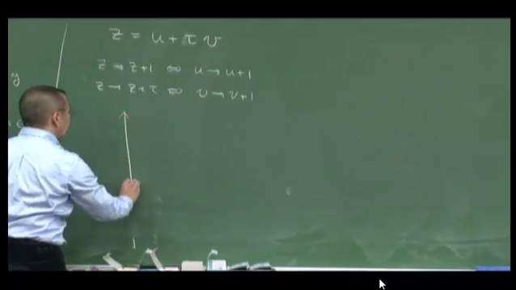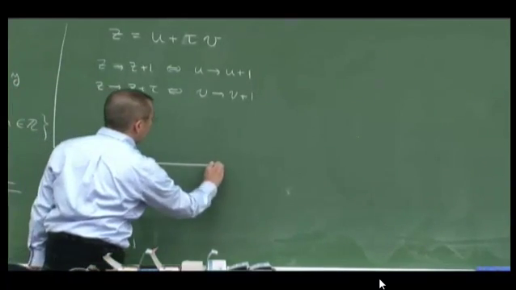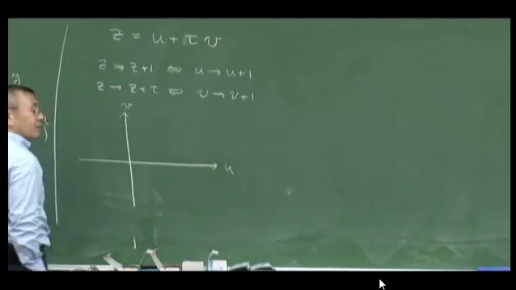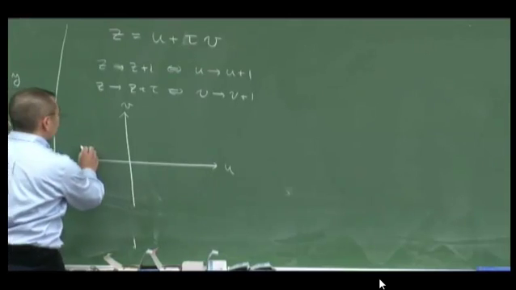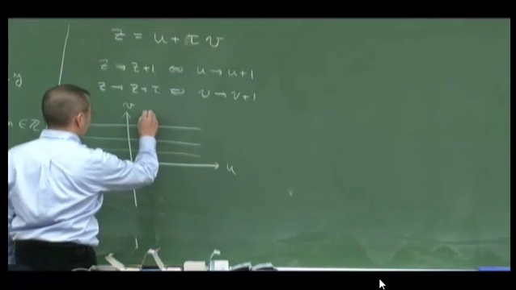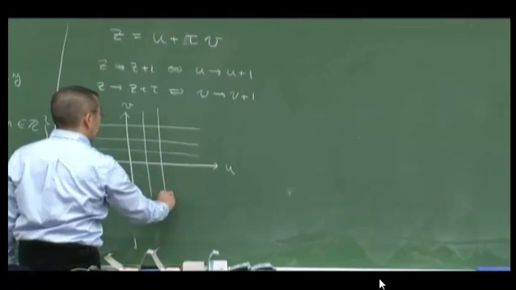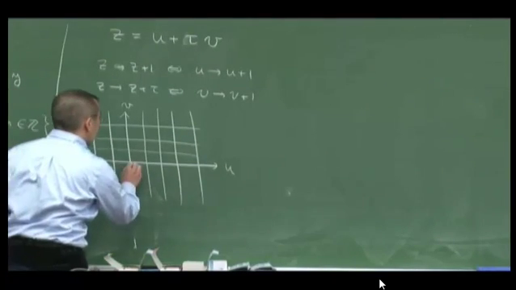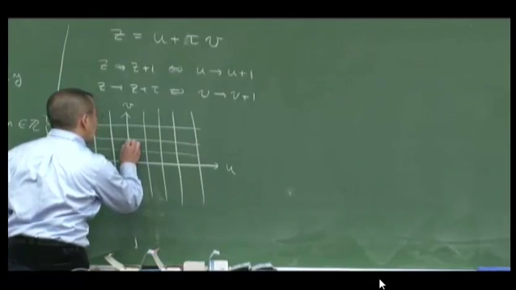So with respect to these coordinates u and v, the lattice translation just corresponds to shifting u by 1 or v by 1. So the lattice in question now becomes a square lattice. Not a rectangular lattice, excuse me. So rather than this kind of slanted lattice, we can consider this square lattice like this.